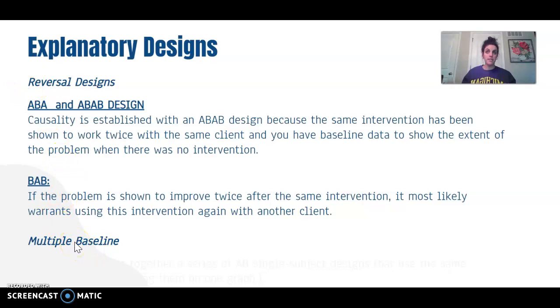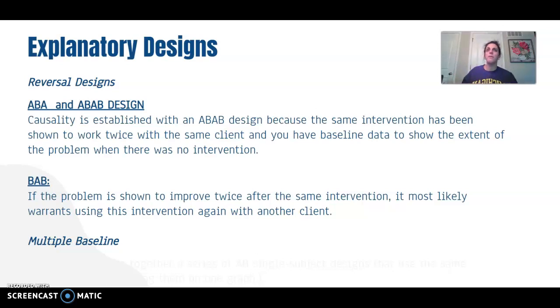The multiple baseline, it's funny, when I first hear this term, I think of it being like an ABA where you're looking at a client's baseline more than once, but it's actually referring to having multiple clients that have a baseline. And so you might have 3 clients on your caseload who might be experiencing anxiety as well.